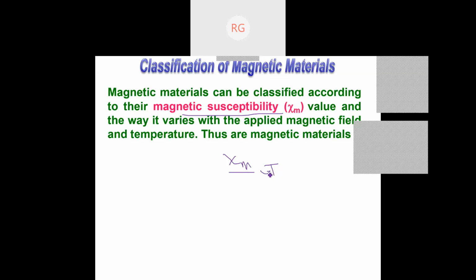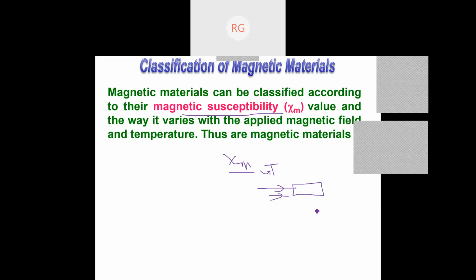Not only that, what is the behavior of a magnetic material in an external field? That means if I take a material like this, how is it behaving when an external field is applied? Is it attracting? Is it opposing? Depending on that, the materials can also be classified into various types.